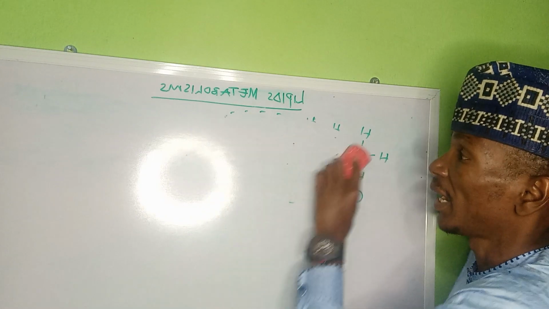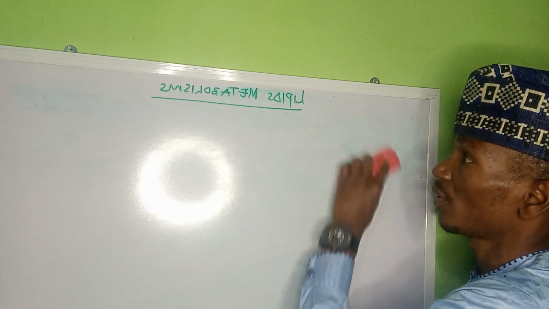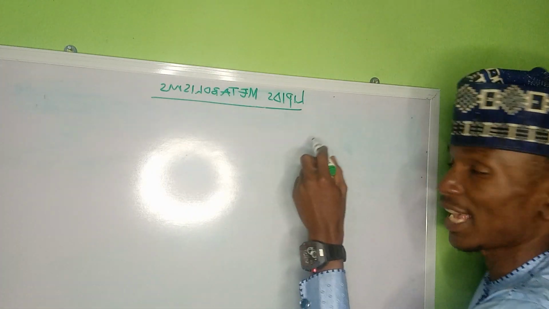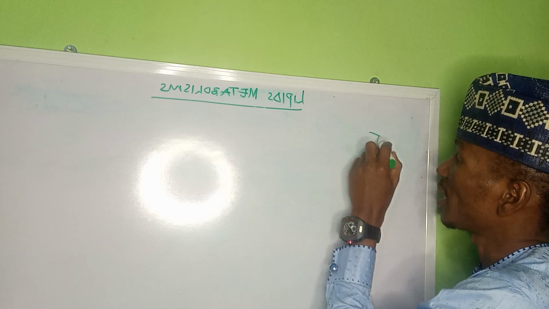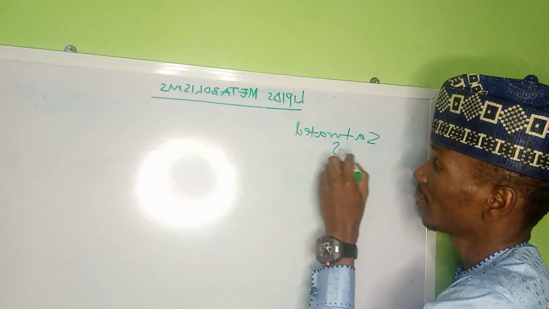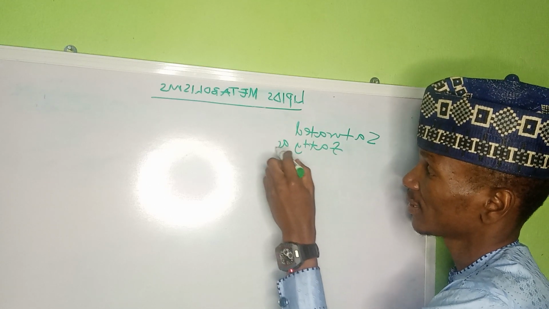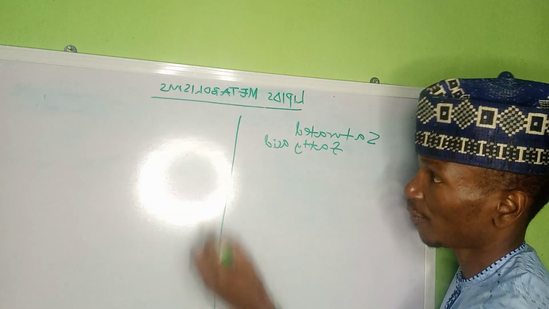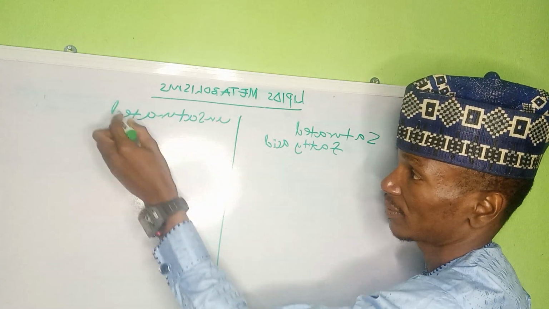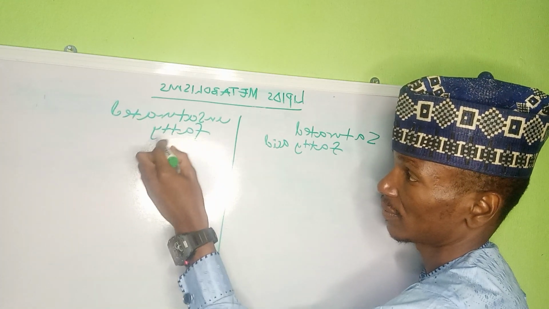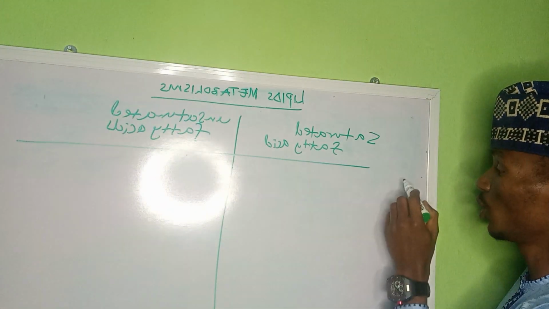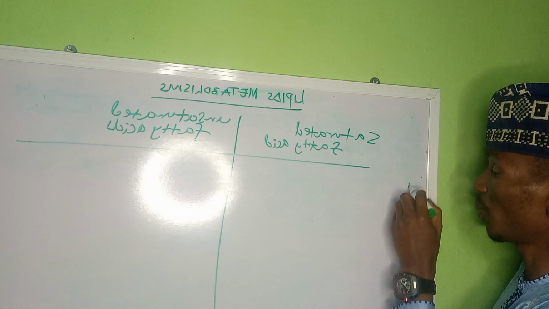Now, classical examples of some of the saturated fatty acid and unsaturated fatty acid are as follows. For the saturated fatty acid, these are the examples. And for the unsaturated fatty acid, these are the examples, so that from the examples of them we should be able to know which one belongs to this group or the other.